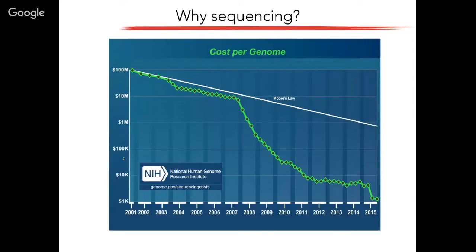So Moore's law on this is a straight line. Moore's law is a pretty healthy clip of improvement, and yet you see that the cost per genome has blown away Moore's law since about 2008. And so basically, any approach that you can hitch on to the incredible improvements of DNA sequencing seems to me to be a win.